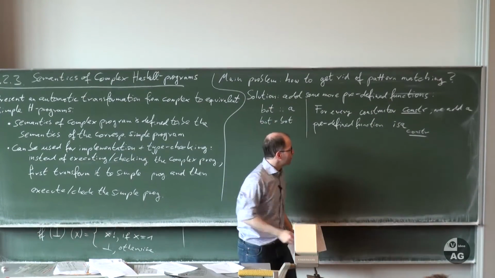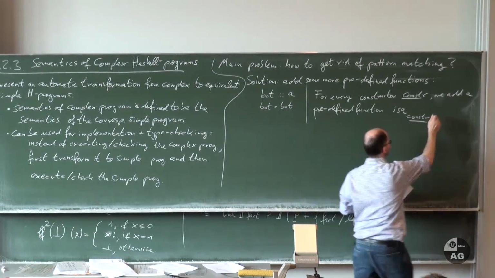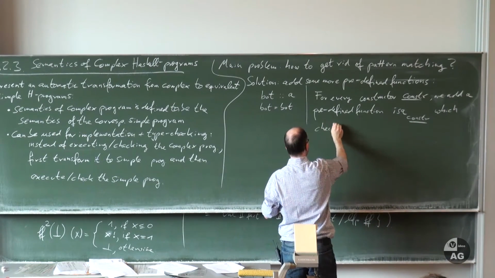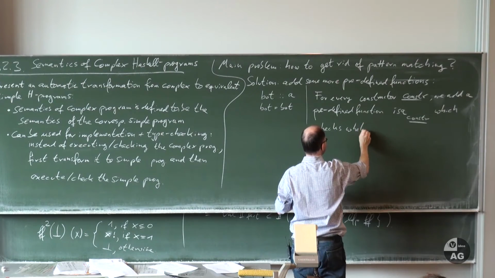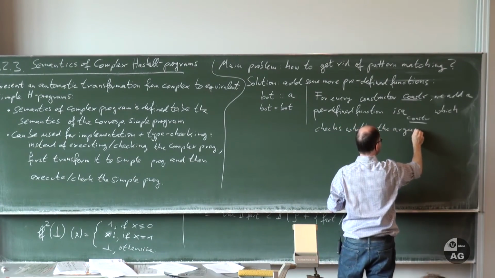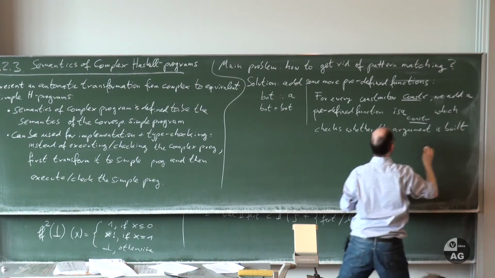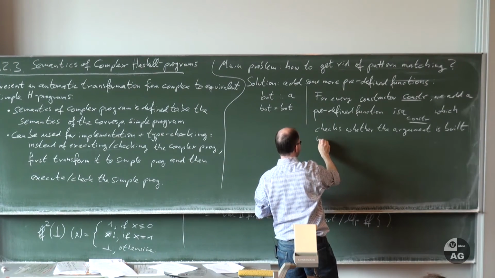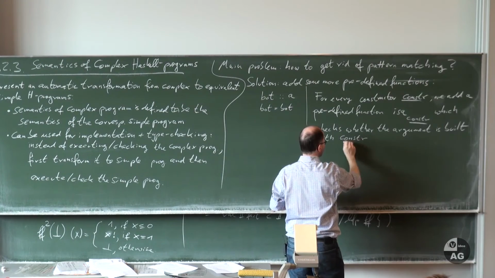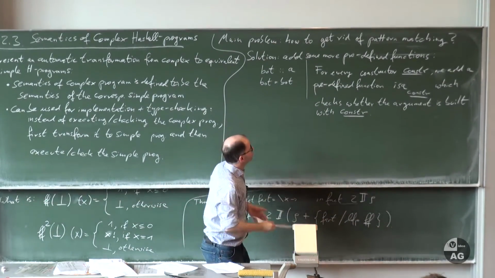It says true if the argument is built with this constructor, and otherwise it says false. Which checks whether the argument is built with this constructor, with constr. So for every data constructor, we add such a function to the predefined functions.